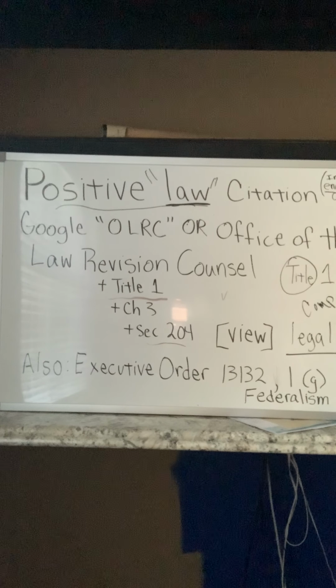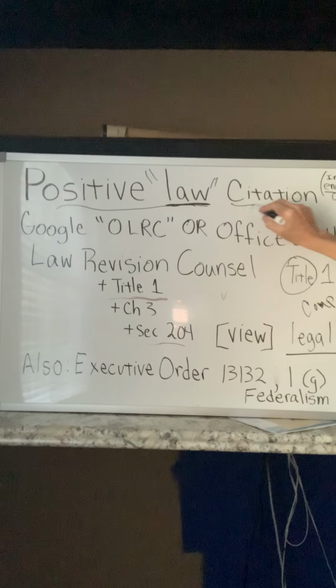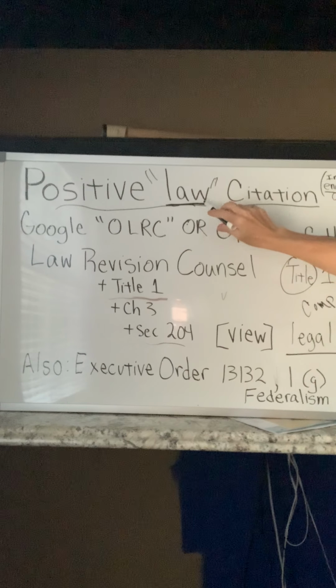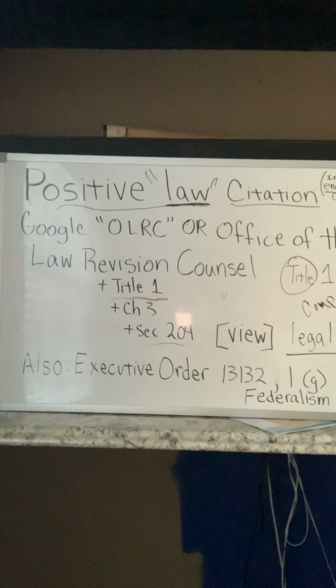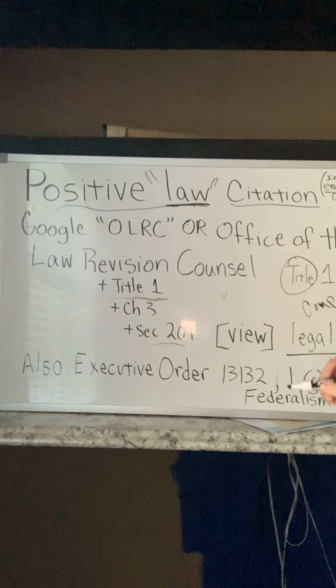Therein contains in all the courts of the United States. So if it has a positive law citation, it becomes legal evidence of having been made a law, in all the courts of the United States. Okay, so what does that mean?